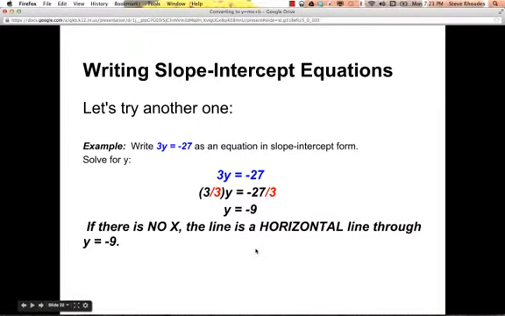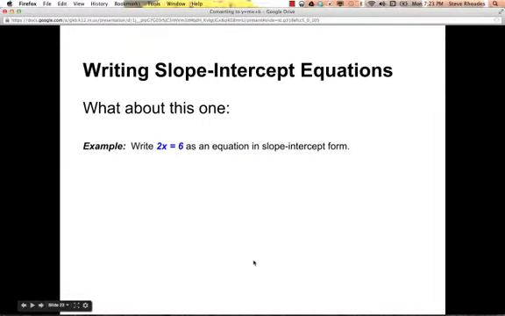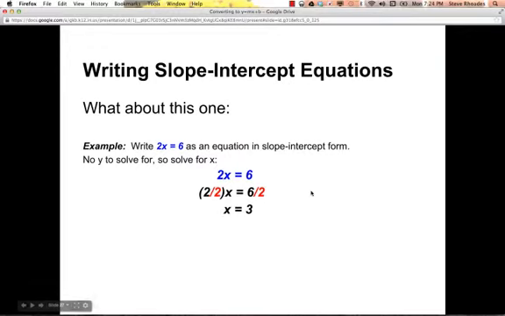The other equation that is similar to this one is an equation such as 2x equals 6. If you're asked to rewrite that in slope-intercept form, you'll notice that there's no y value, so you can't solve for y. But you still want to make sure that you simplify the equation. So in this case, we are going to divide both sides of the equation by 2, and that gives us an equation that's simplified to x equals 3.